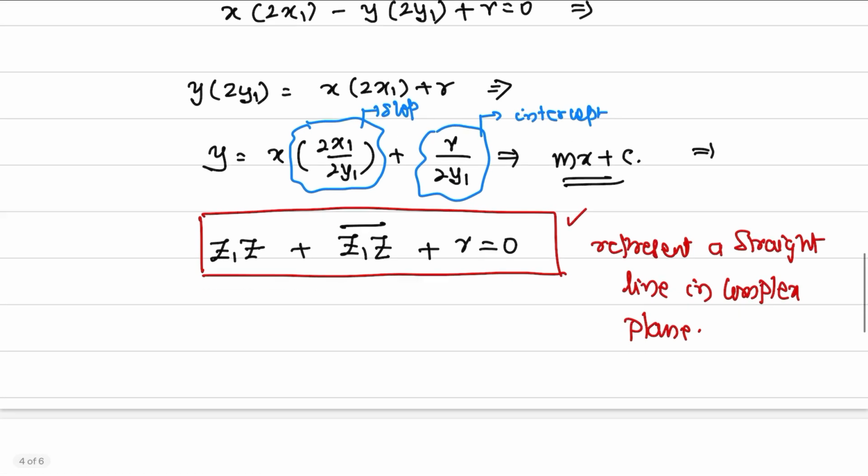Now, the next equation we require, I thought it is prudent to tell, is the equation of a bisector. What is meant by bisector?